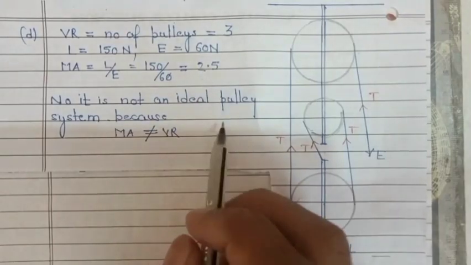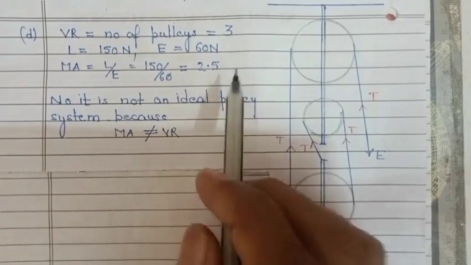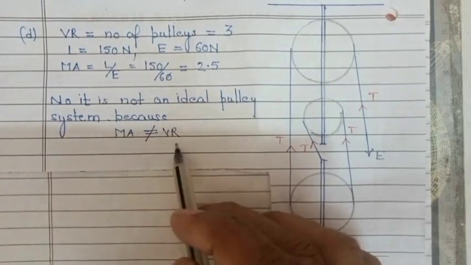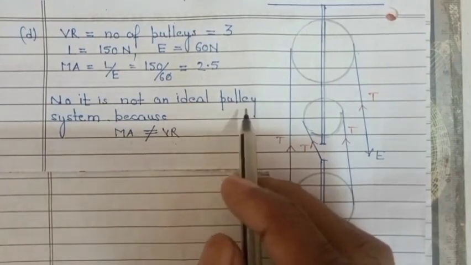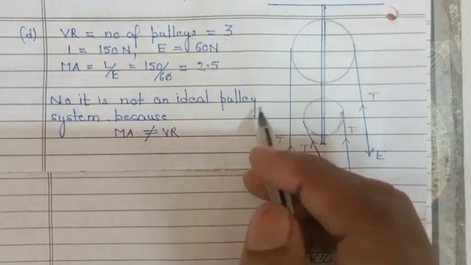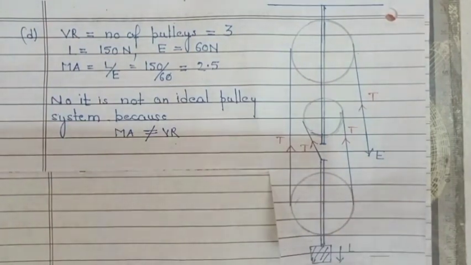Remember, in an ideal machine, MA and VR are always equal. Here MA and VR are not equal, so you can say that this is not an ideal pulley system. The other way is you can calculate the efficiency, and if efficiency is not coming 100%, then again you can say that it is not an ideal pulley system. This is clear to you now?